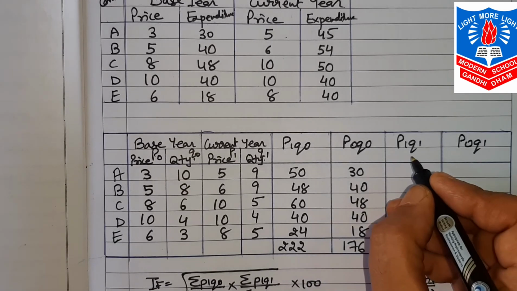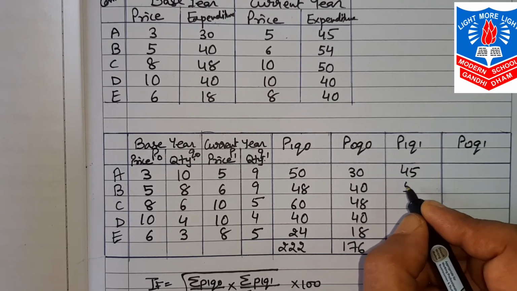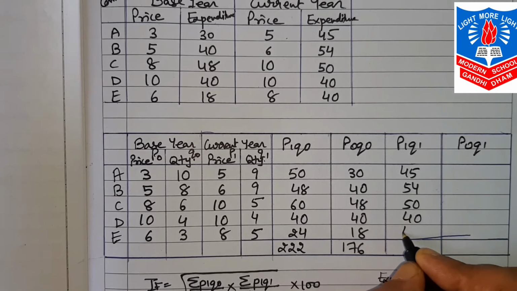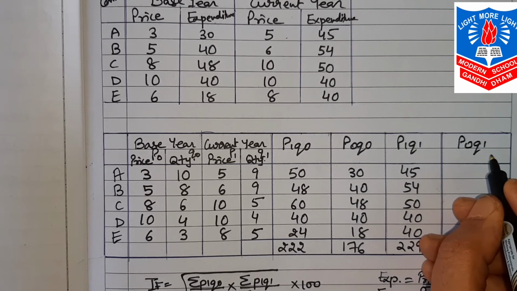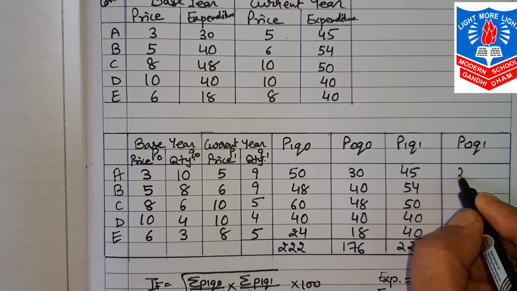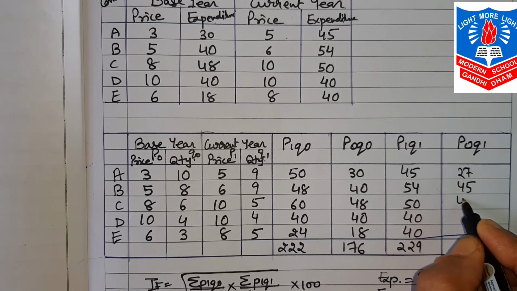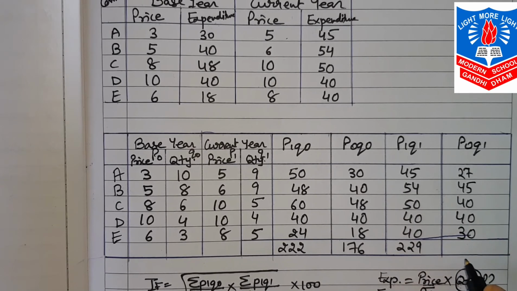Next, P1 Q1 is 45, 54, 50, 40 and 40. Total is 229. Finally, P0 Q1 is 27, 45, 40, 40 and 30.